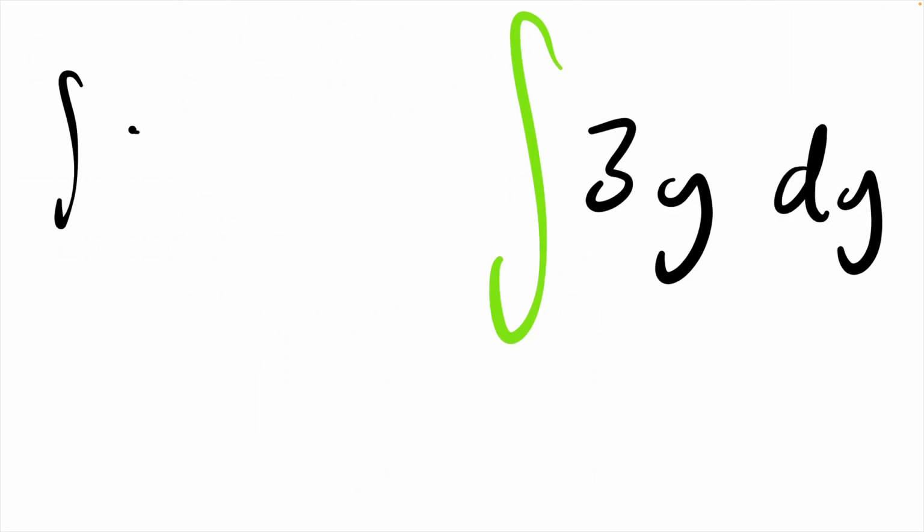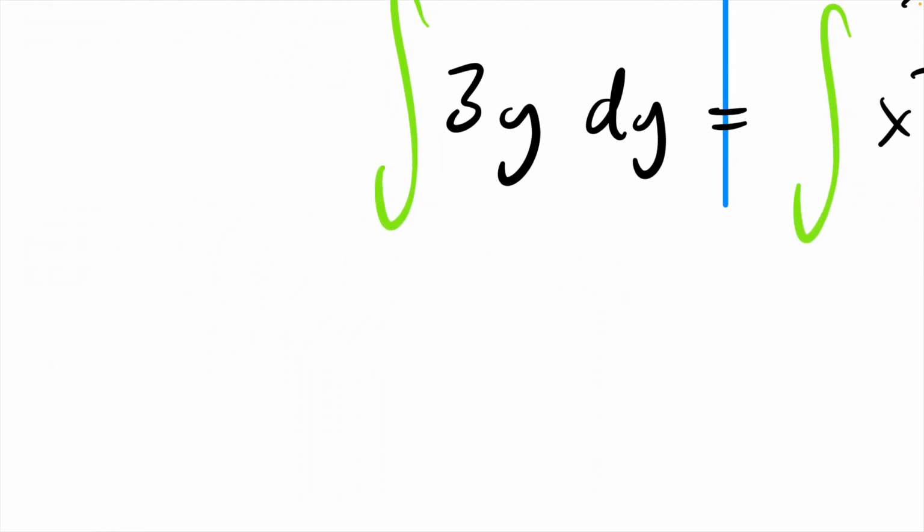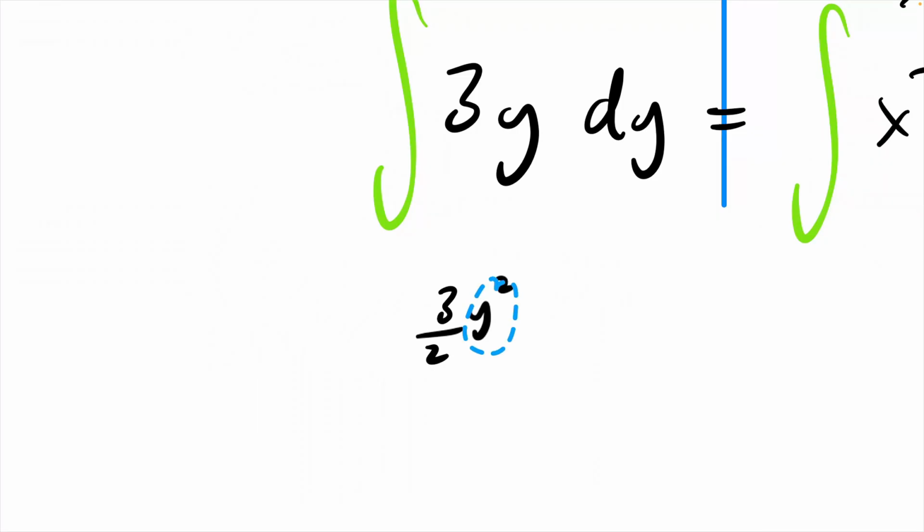I was going to say, you guys have done this before, right? This is an easy problem, right? It's the same thing. You're just using different letters. Doesn't matter what letter they use. So yeah, you're just going to do the power rule. 3y squared divided by 2. The dy drops off because just like dx drops off, dy drops off.